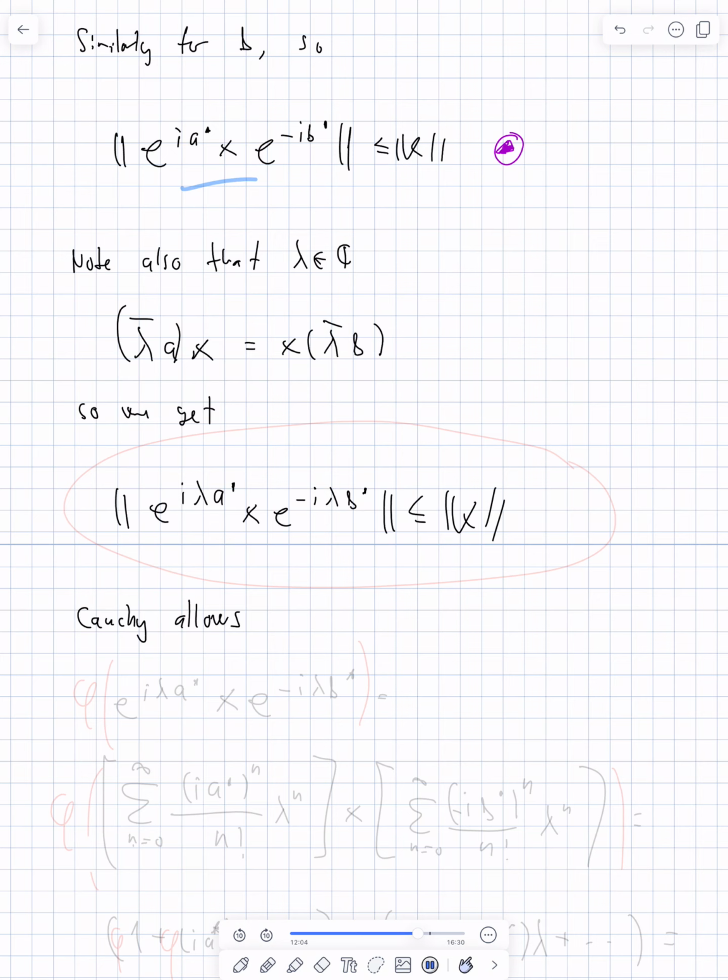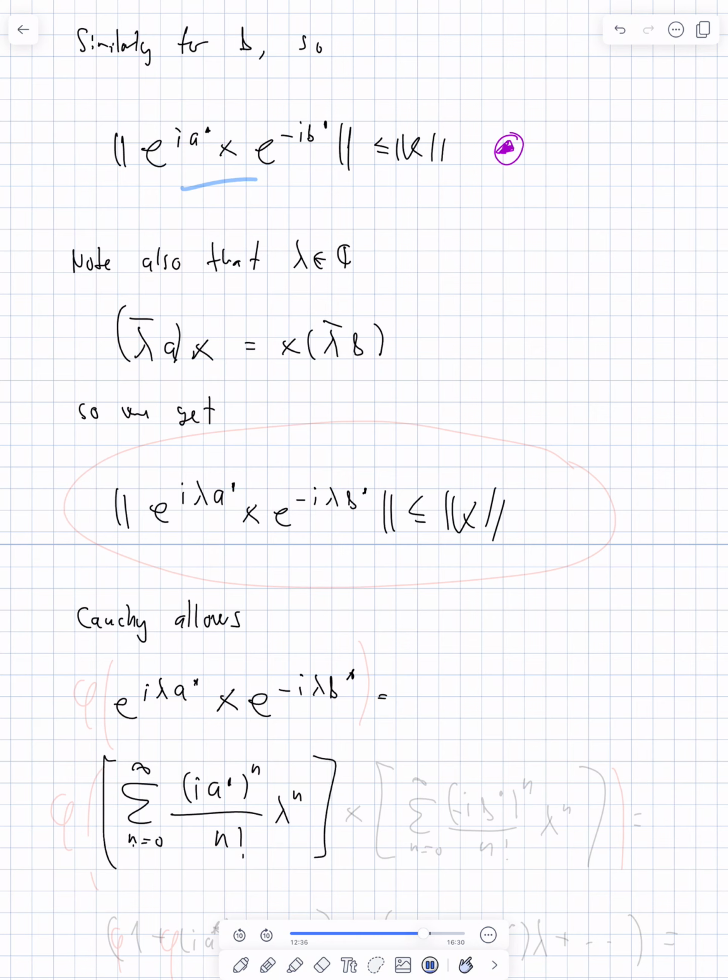So we have to take the norms, and this should give us a series that is summable. So when I look at e to the i lambda a star x e to the minus i lambda b star, I can actually write this out as a sum, from n equals 0 to infinity, of i a star to the n over n factorial times lambda to the n.